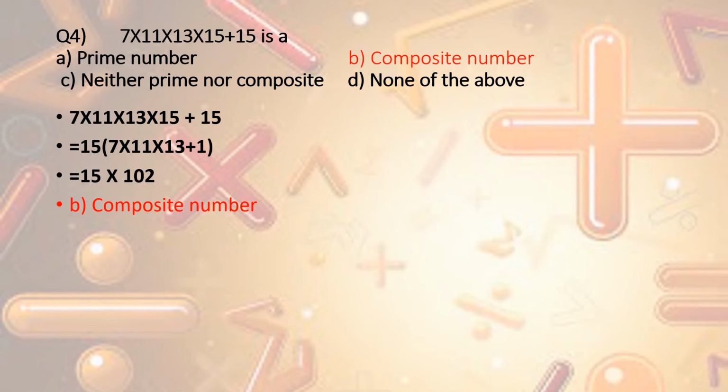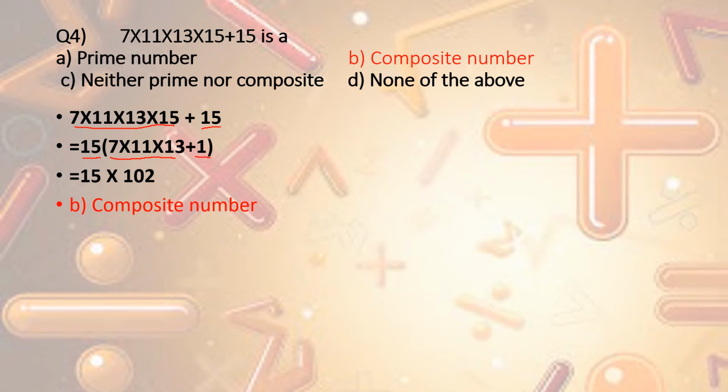Next we have 7 into 11 into 13 into 15 plus 15. Again this is a very easy question. So we can write it as 7 into 11 into 13 into 15 plus 15. From these two parts we can take 15 common, and what will be left inside? 7 into 11 into 13 plus 1.